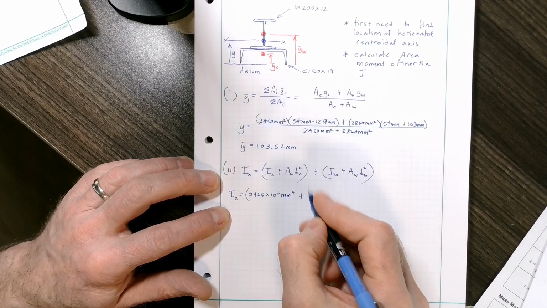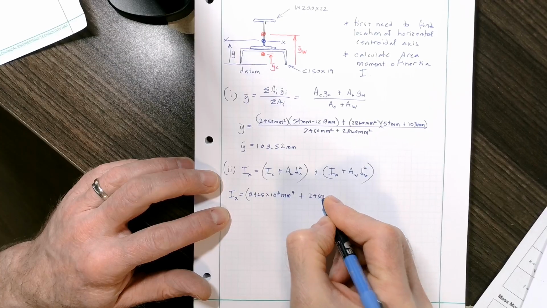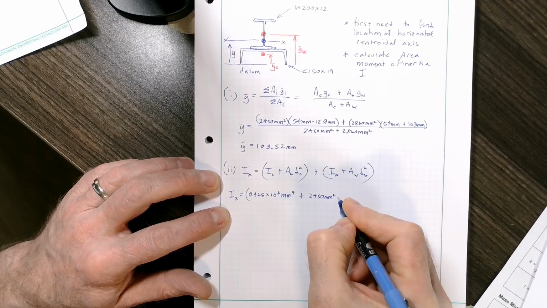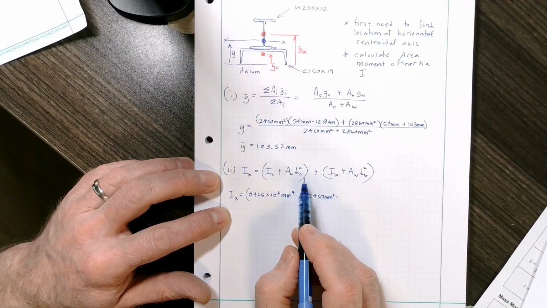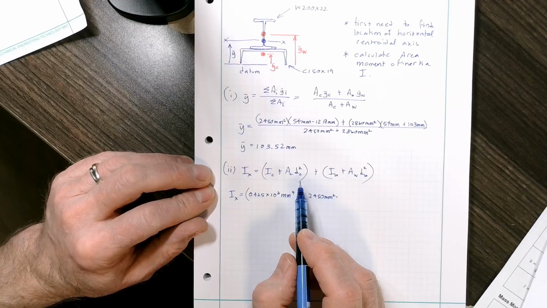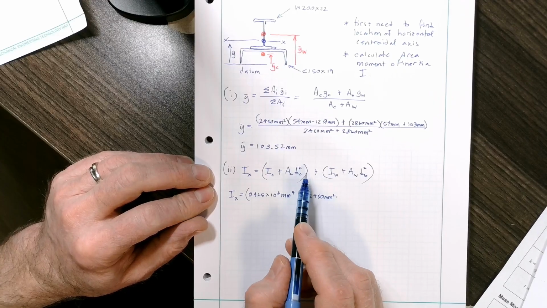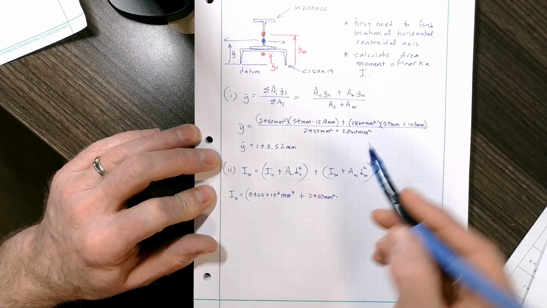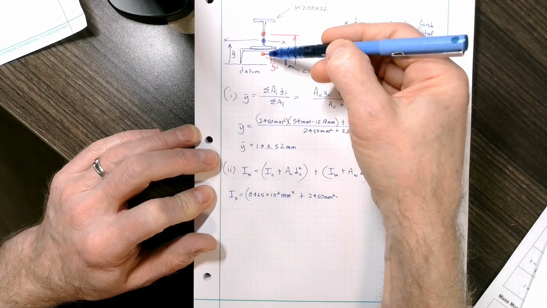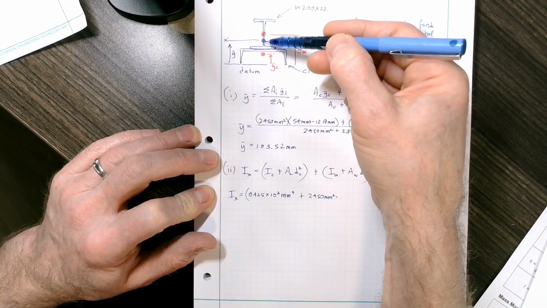We already have that, 2450. Just grab it from the centroidal axis calc. Times the distance. Now this is one more little check here. There's lots of speed bumps here, okay? The distance for the C channel is the distance between the centroid of the C channel by itself and the centroidal axis of the whole section.